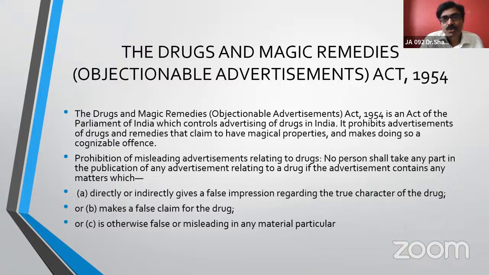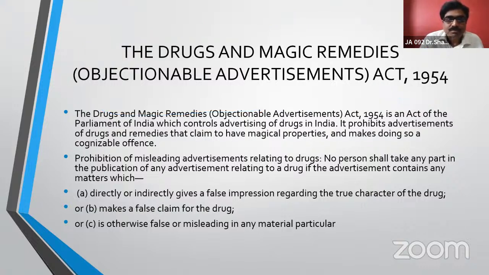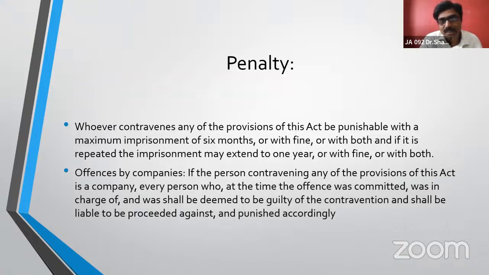Whatever information you give should be given in a logical, reasonable manner, so that you can present your USP. If somebody is making exaggerated claims, this act will cover them. Next, what kind of penalty will be imposed?